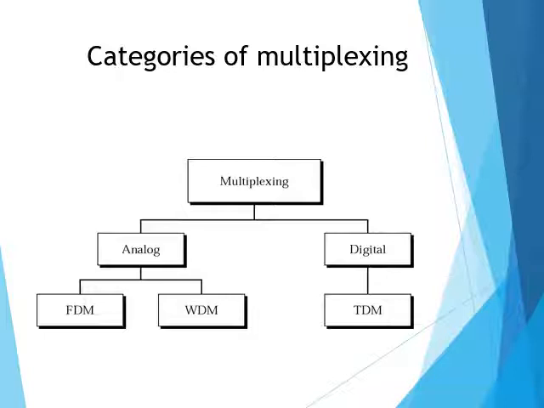The first is FDM, frequency. The second one is WDM, wavelength. Frequency is for electromagnetic signals, wavelength is for optical signals. And for the digital signal, we have TDM, time division multiplexing.